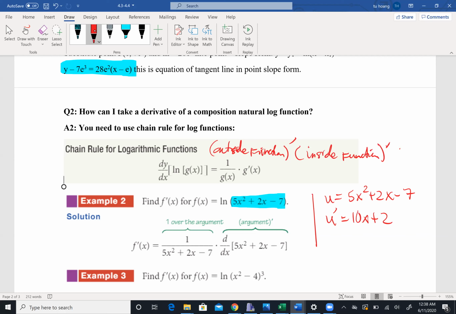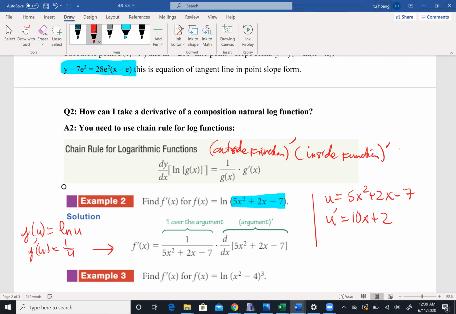This is the inside function derivative. The outside function is f of u equal to ln u, so f derivative of u is 1 over u.